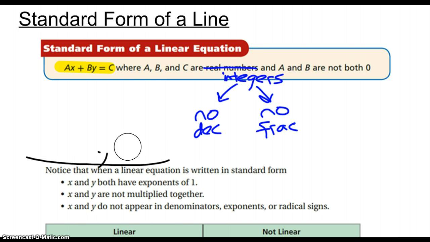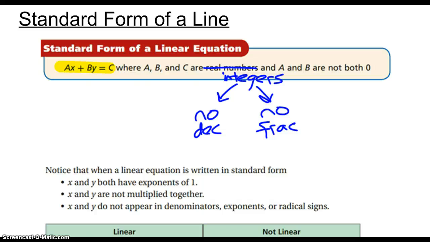So the two pieces that they leave out in this definition is we don't want to have fractions or decimals for a, b, and c, and then we also want it to be as simplified as possible. And I'll show you what that looks like a little bit later here.